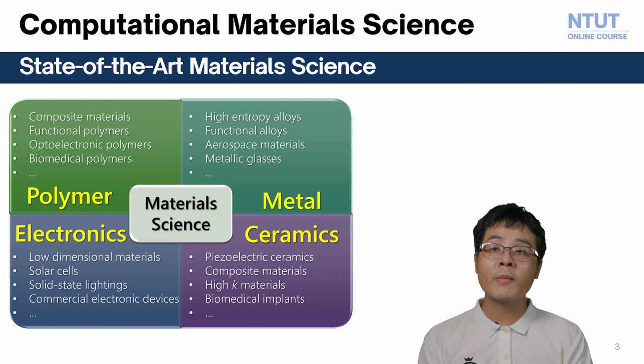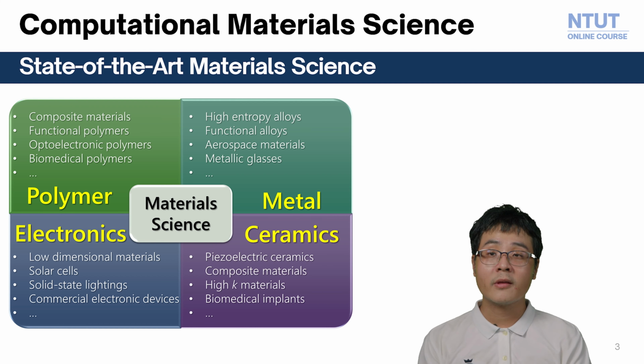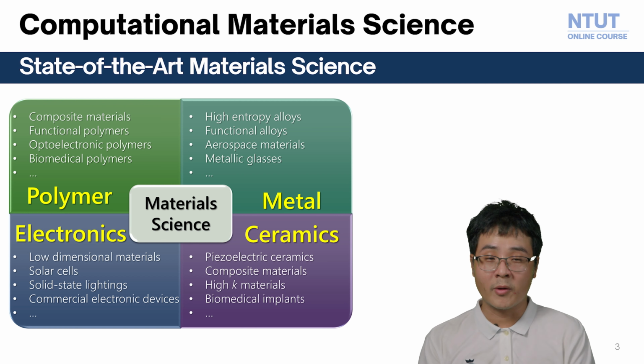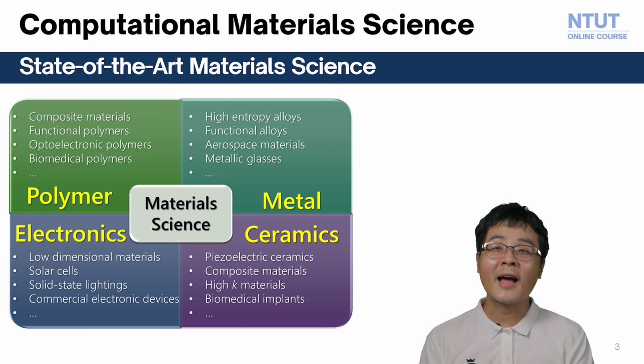Or we may use some low-dimensional materials, such as graphene or MoS2, in some very fancy usage. And most importantly, we use these electronic materials in many kinds of commercial electronic devices, such as your mobile phone, notebook, iPhone, MacBook, and any kind of electronic device in our life.